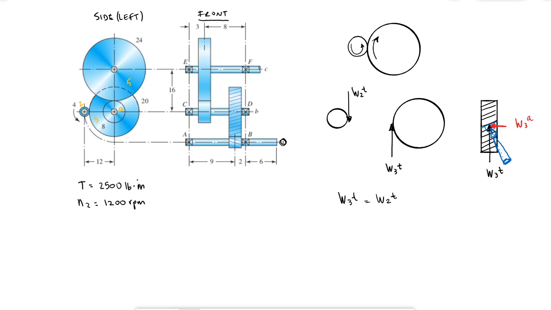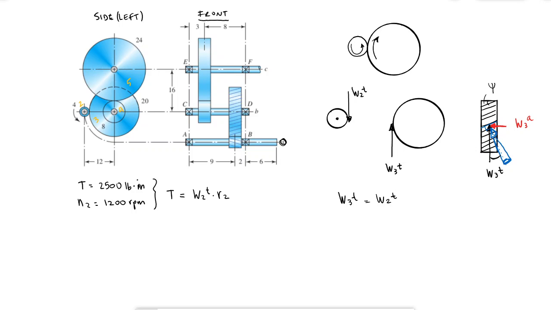Just for reference, this angle is the same as this angle, which is psi, and the angle between the 3D vector and the dashed line would be the pressure angle, phi. Okay, so let's work on this. I know that the torque is the result of multiplying a tangential force times the radius.